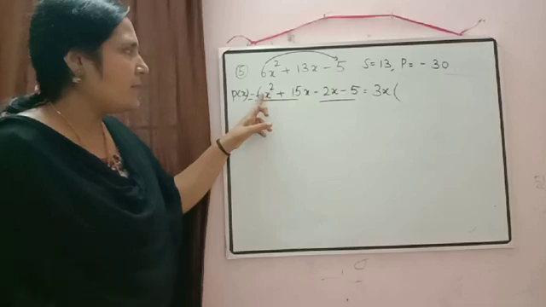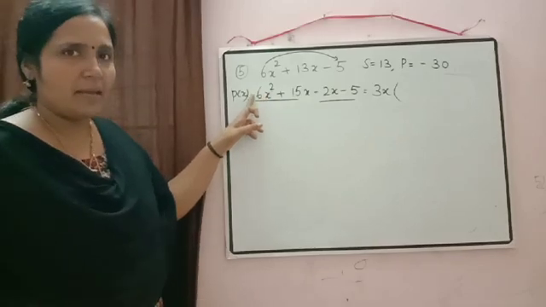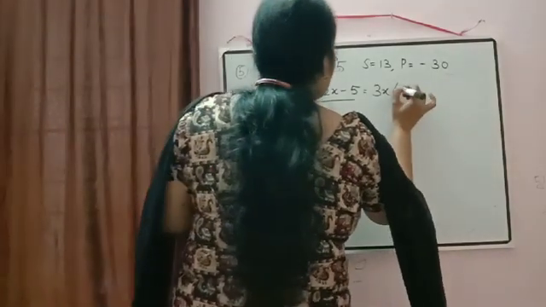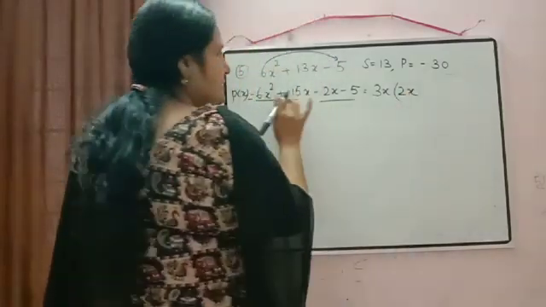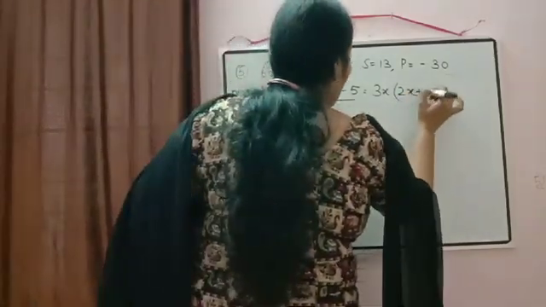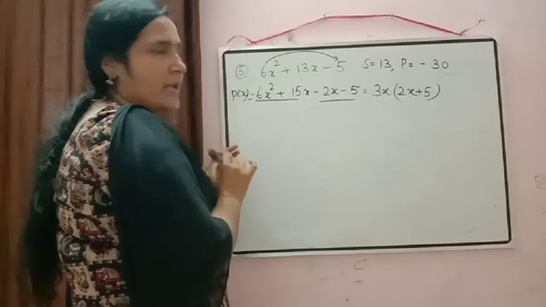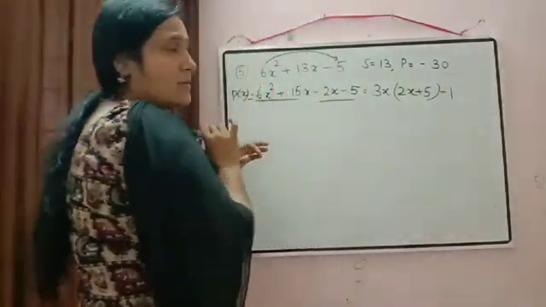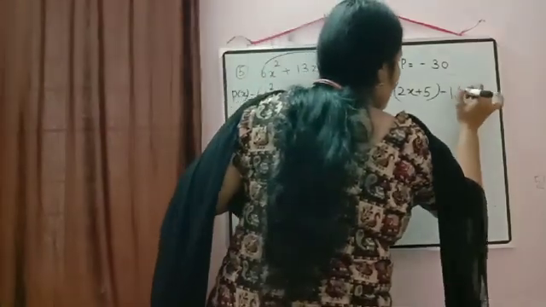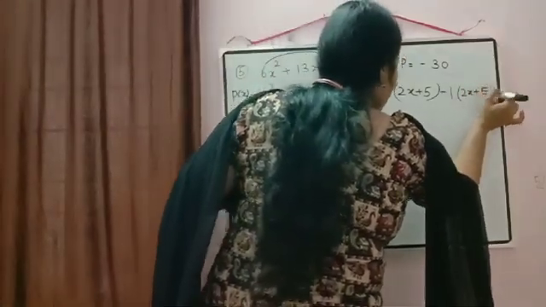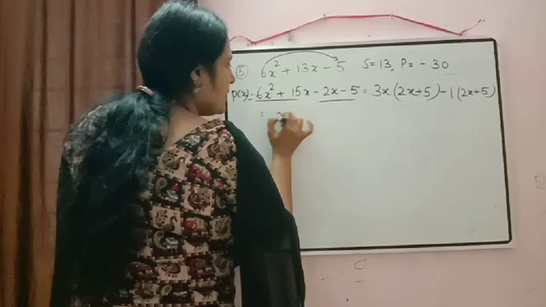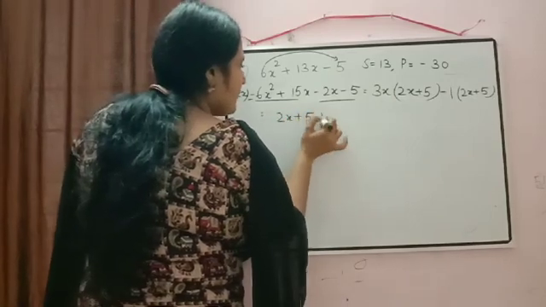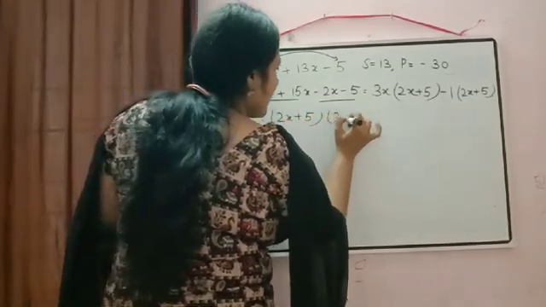We took 3 common, so the remaining will be 2x, and from the other term it will be 5. So 2x plus 5, and nothing is common in the rest, so we can take minus 1 common. Then inside the bracket we will get 2x plus 5. So what will come here? 2x plus 5 into 3x minus 1.